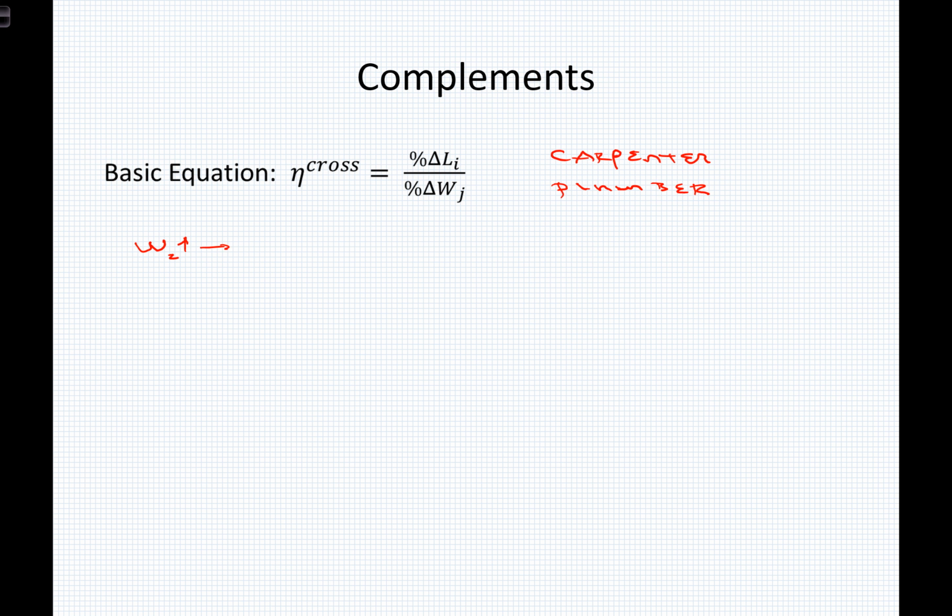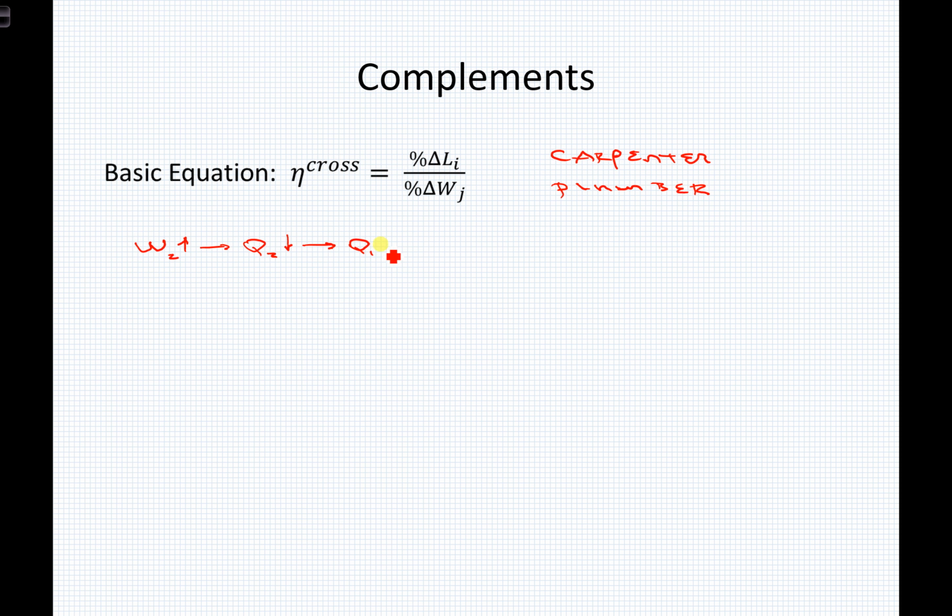We already knew that as the cost rose, the quantity of carpenters falls. But we can also suppose that if the price of the structure being built is going up, then the number of buildings being built will go down, such that the number of plumbers required will go down.